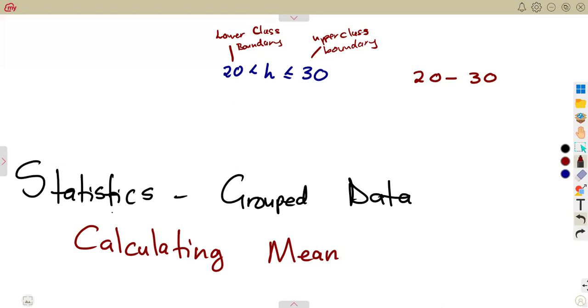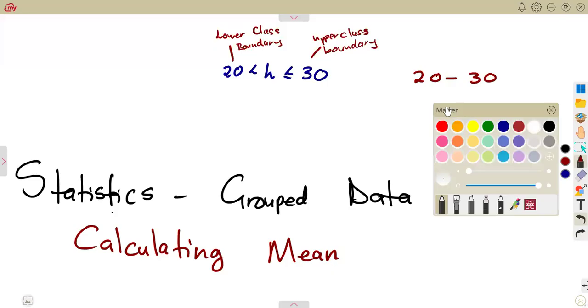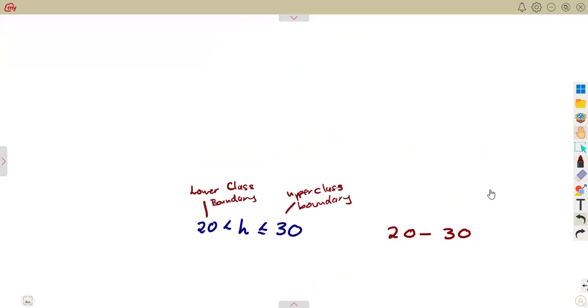Within this, there are terms that you need to know before you talk of calculating the mean. Out of this class that we are seeing, there are terms like the lower class and upper class, like the one I'm talking about. We also refer to what we call the class width, the width of the class.